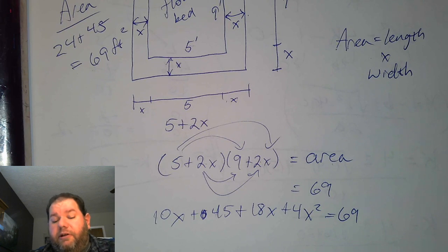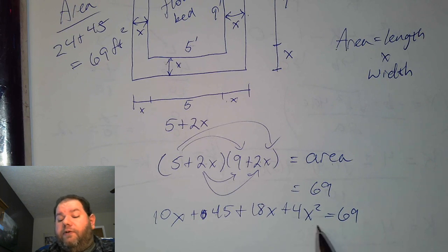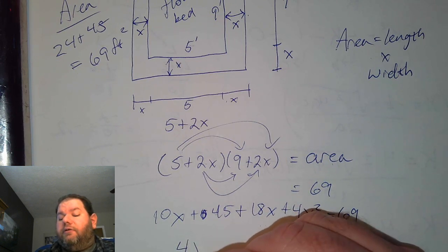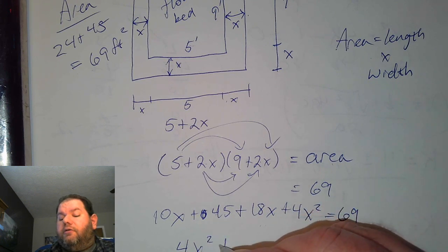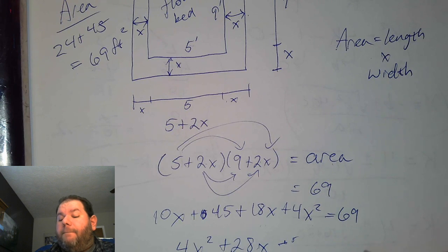Okay, let's combine our like terms and then move our 69 over to the left hand side. At the same time we want to make sure our highest exponent term is first, so we put 4x squared first, then whatever x we have, this looks like 28x, and then plus 45.